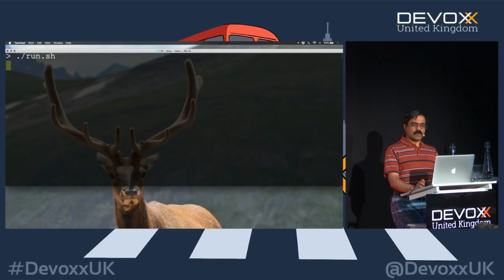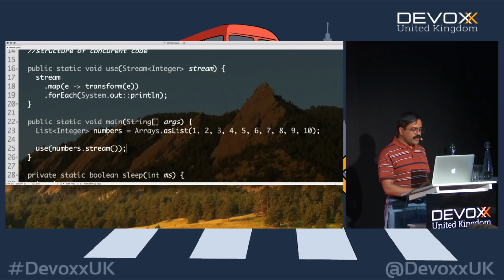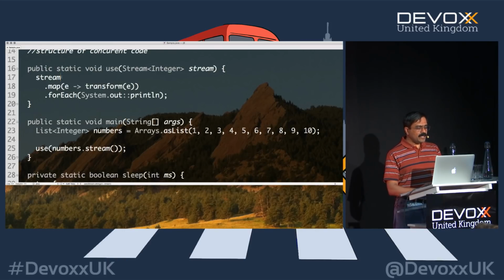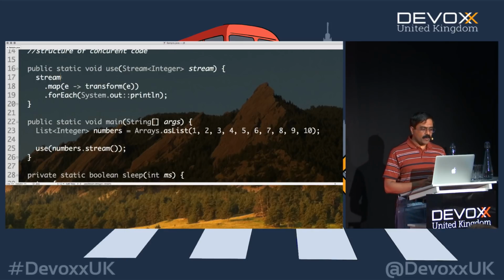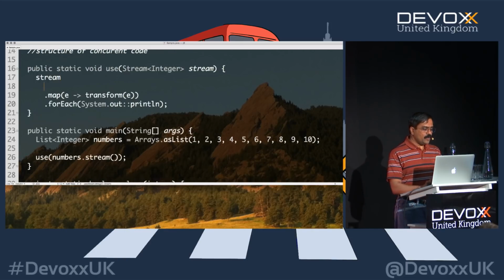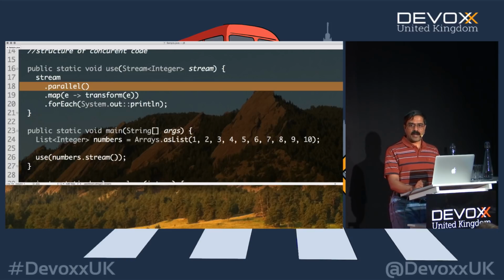Now clearly this is going to run sequentially again like it did before, one step at a time, so that's really nothing unexpected. On the other hand, though, what if I were to want to make this run in parallel? Well, clearly, I am not the creator of the stream, so what am I going to do to run this in parallel? Well, then you can simply say .parallel right here, and as a result, this is now going to run in parallel.